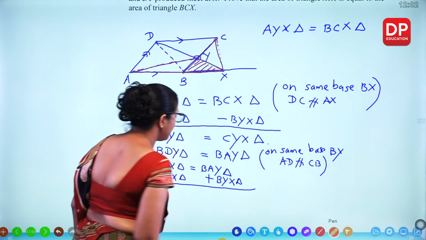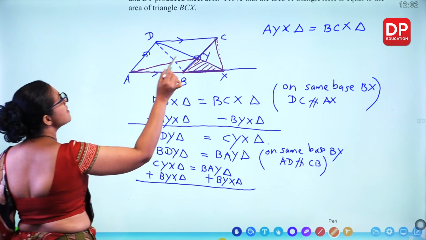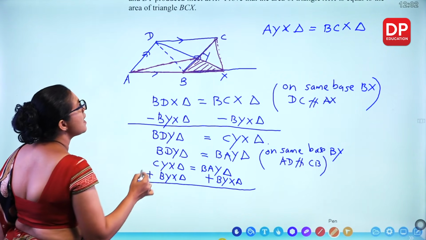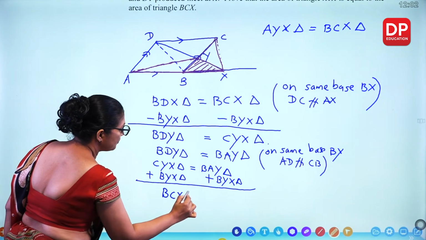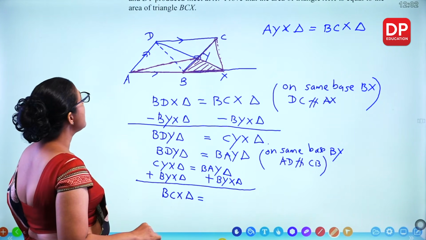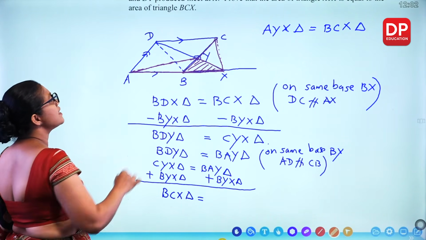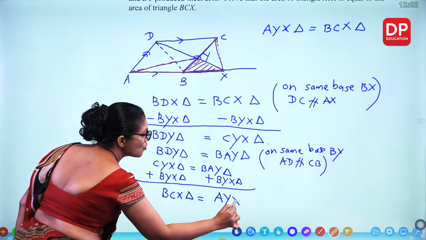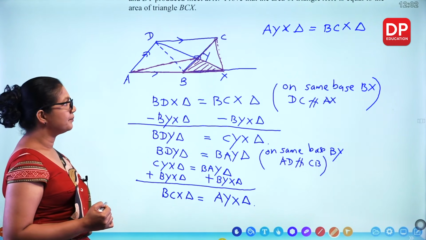I am getting CYX plus BYX, I am getting BCX triangle. BAY and BYX, I am getting AYX triangle. So these two triangles are equal in area.